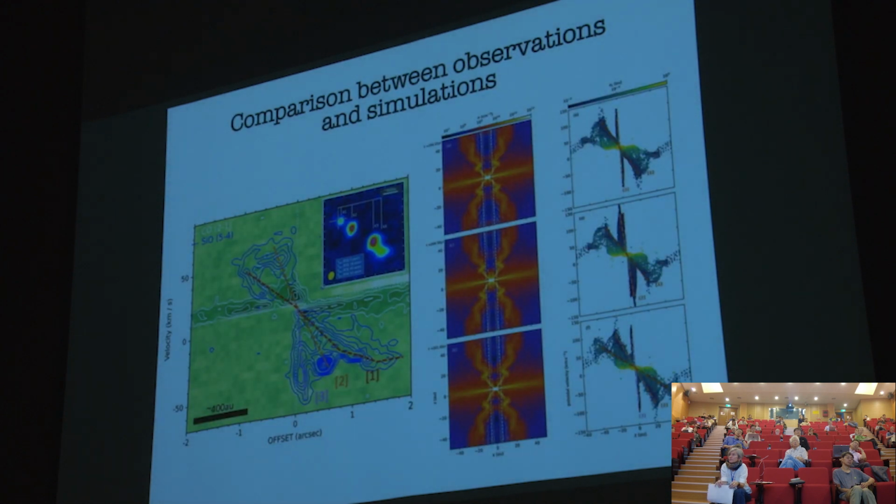So as I mentioned, this PV diagram produced by this simulation shares some similarities, showing the multiple mass ejection effect, which is seen also in the SiO image and in the PV diagram. Also, it shows different slopes ejected at different times.